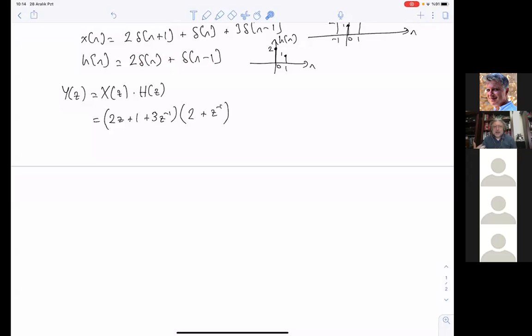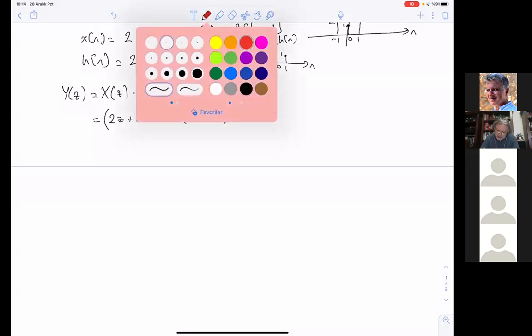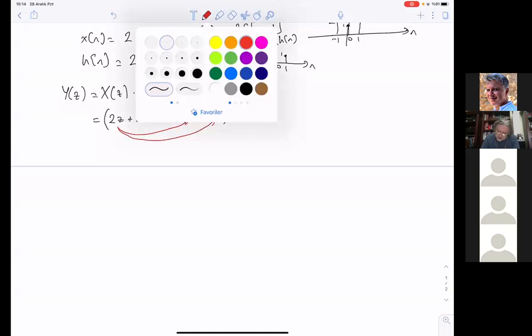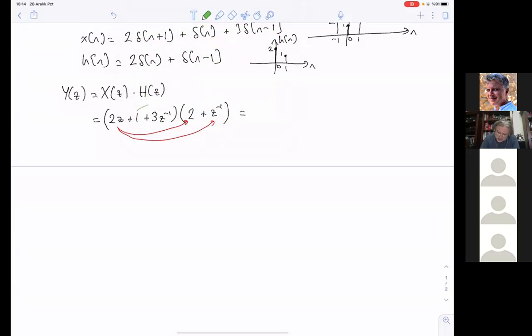So I have two z polynomials, x of z and h of z. Let's multiply those z polynomials. Can we multiply it? Yeah, it's not very easy. You have to be very careful about the multiplications because term by term, you have to multiply, for example, this 2z with this and then with this. Then you have to multiply this 1 by this and this.